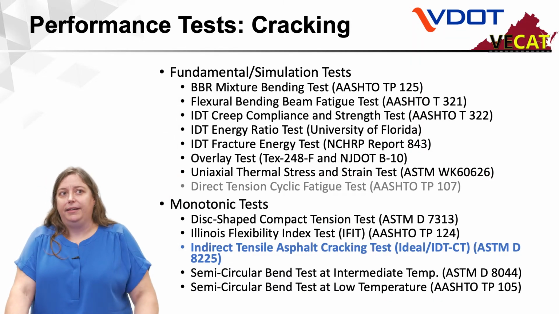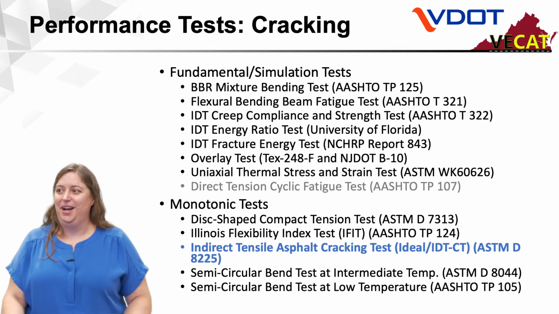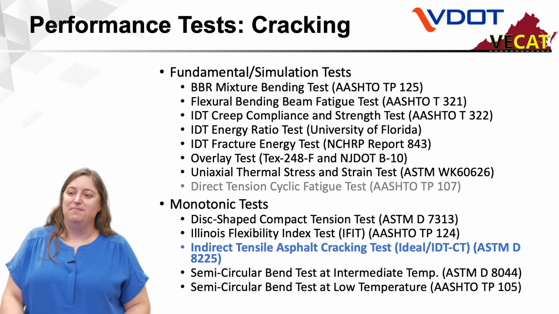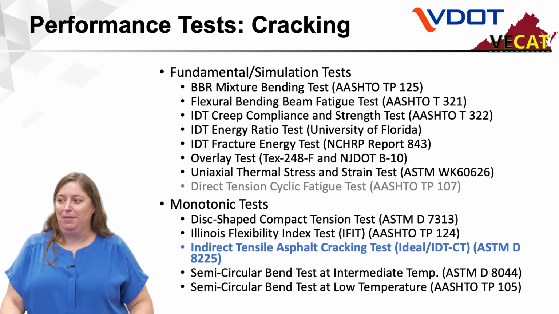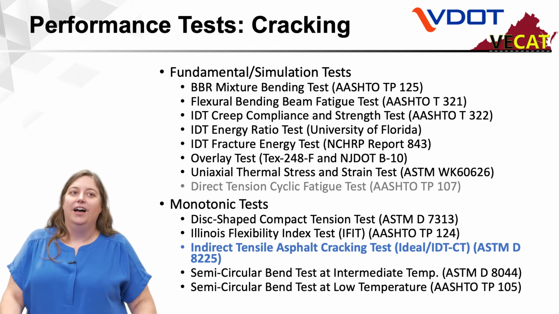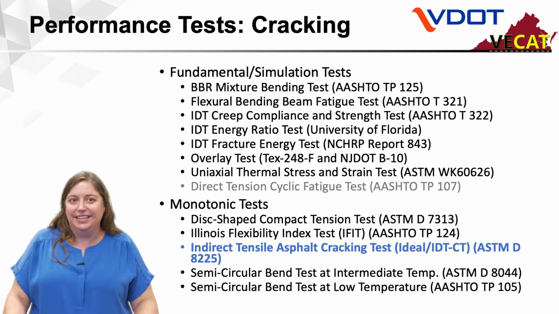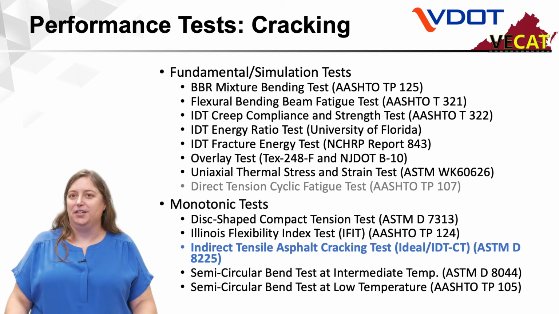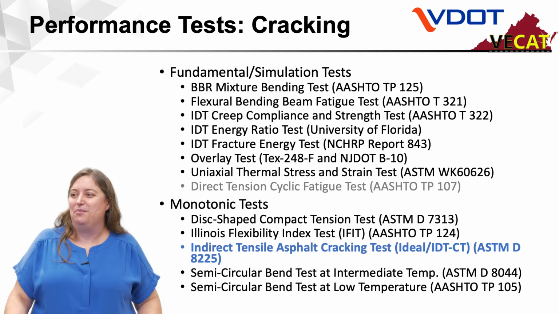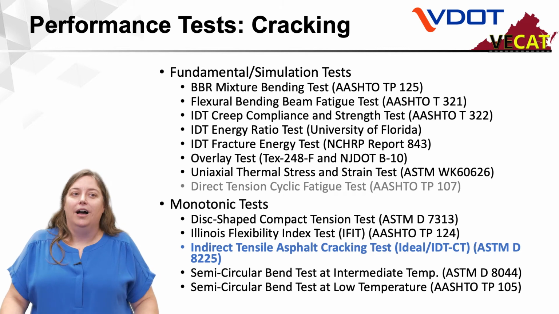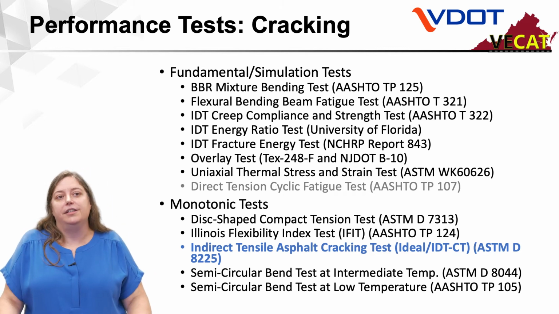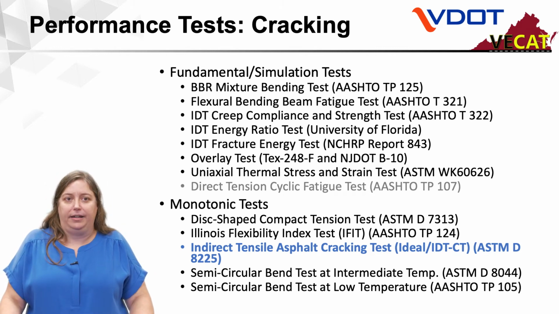Moving on to cracking tests. There are a lot of cracking tests out there. And to be honest, more continue to come out about every 6 months or so. You can see this whole list. I'm not going to go through all of these. You can feel free to pick up the AASHTO specification and it will give you more information. The test that we are using in Virginia is the indirect tensile asphalt cracking test.